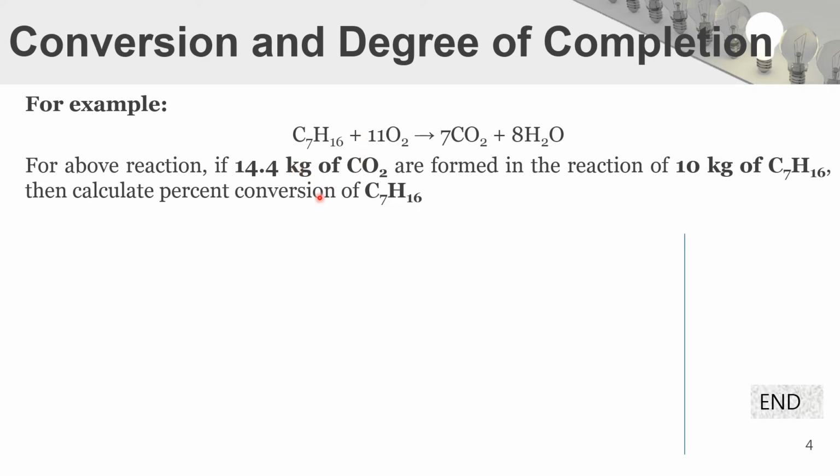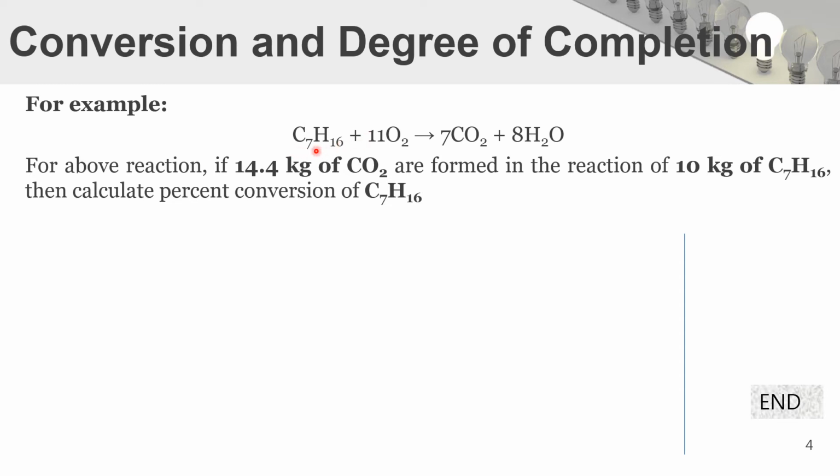Okay, now moving towards the solution. The data we require is the molecular weight of C7H16 and CO2, because we are only concerned with these two components. The other thing is, we have been given the mass of CO2 produced, and that 14.4 kilogram CO2 is produced by reacting the least amount of C7H16.